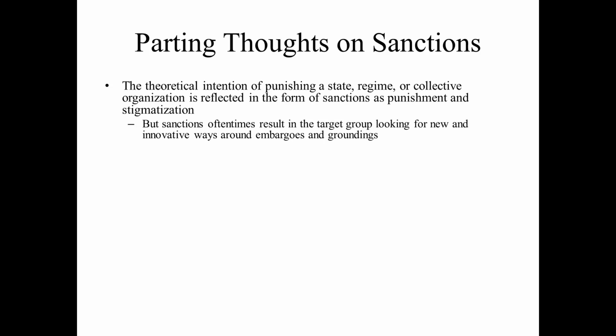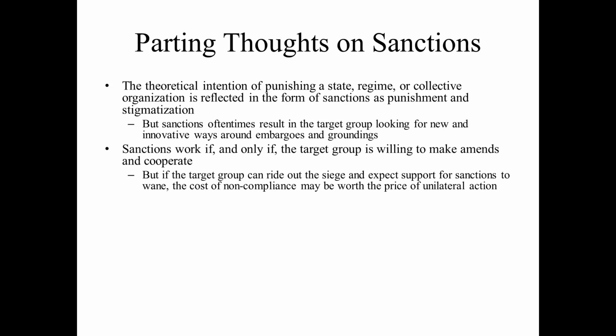We've seen this with ordinary people in Iraq, in Syria, in Haiti, in the former Yugoslavia, especially Serbia. Ordinary people suffer first. The target regimes usually are the last to be inconvenienced.